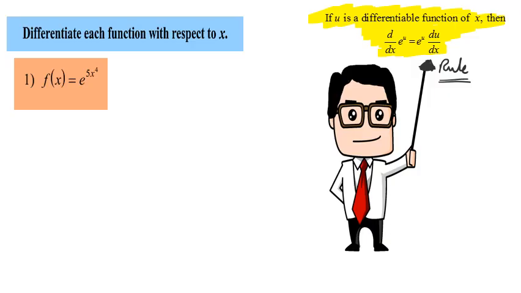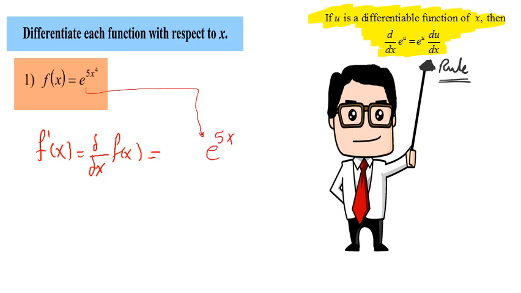Differentiate each of the following functions with respect to x. f of x is equal to e power 5x to the power 4. So f dash of x, or d by dx for f of x: I put down the exponential function, e power 5x to the power 4. Then I multiply by the derivative of the exponent.